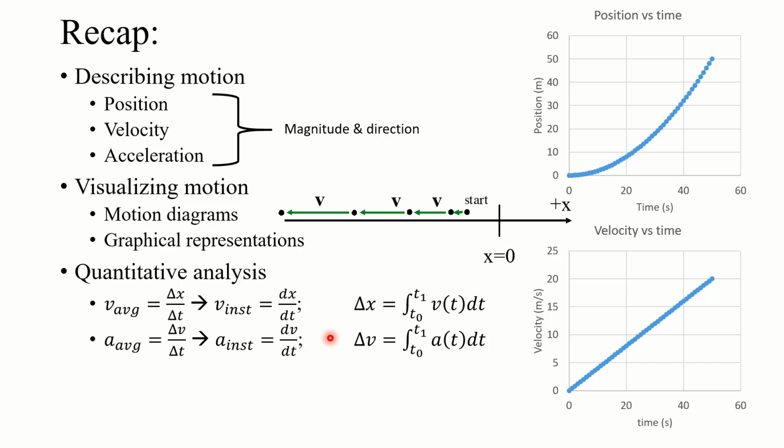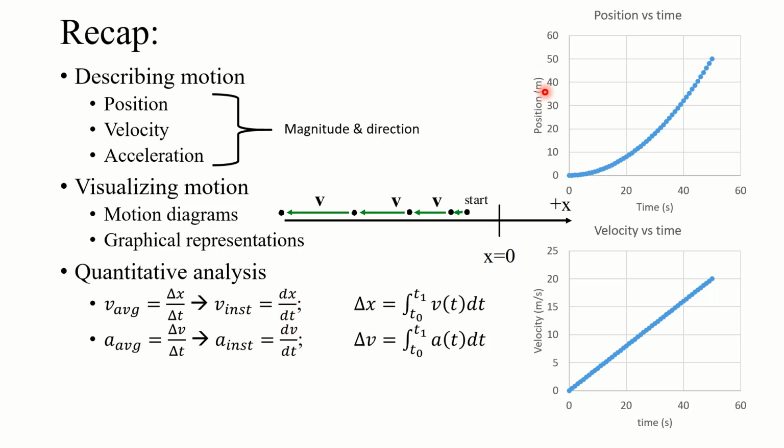Going the other way, if we want to know some change in position, and we have the velocity as a function of time, we can just integrate the velocity function with respect to time over that time interval. What this means graphically, again, we already discussed how the derivatives on a plot are slopes.